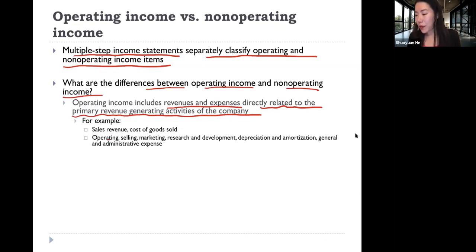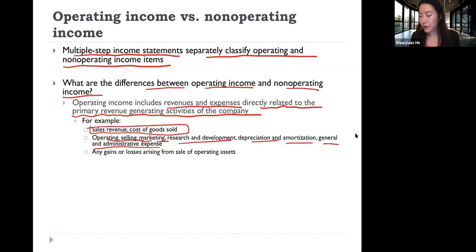And then we have operating expenses: sales, marketing, R&D, depreciation, amortization, and G&A. Those are also directly related, but not as important as sales revenue and cost of goods sold.